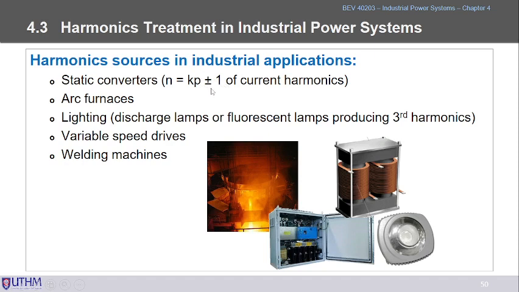So if you have a 6 pulse rectifier or converter in general, you can expect harmonic content of 5, 7, 11, 13, and so on. It depends on the multiplication of K here, right?